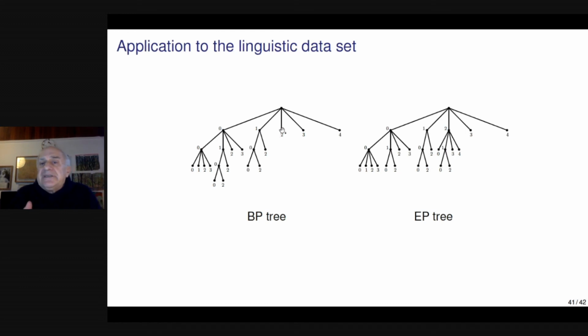Okay, so at that point, you could ask me, are the linguists happy with this result? Is this coherent with the conjectures they had made before? The answer is yes, they are happy. I don't have time here to discuss the conjectures, but I invite you to read them in the article I quoted before.